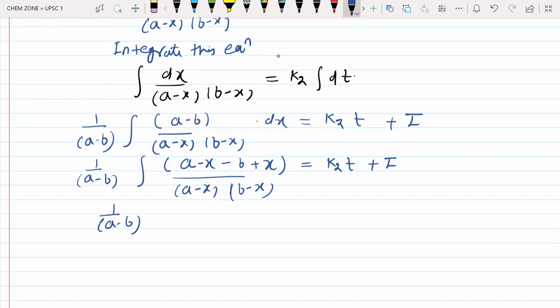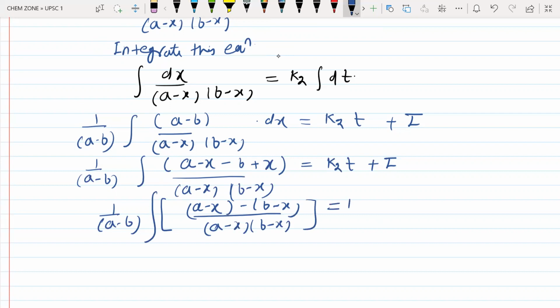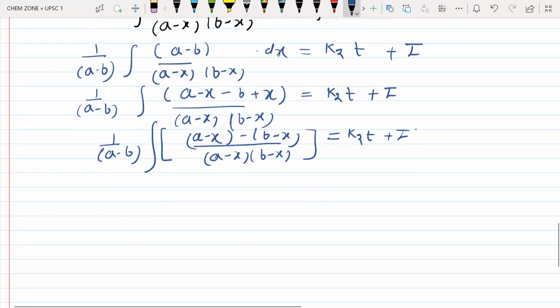You can write the direct value also, but it is better to write the solution also. Take the negative sign as common here. Now, a minus x divided by this term as well as b minus x divided by this term.